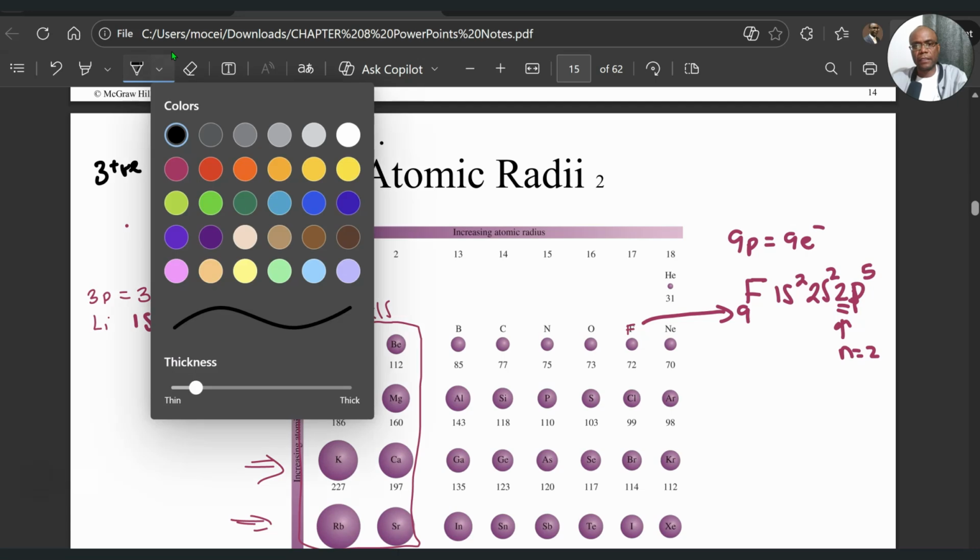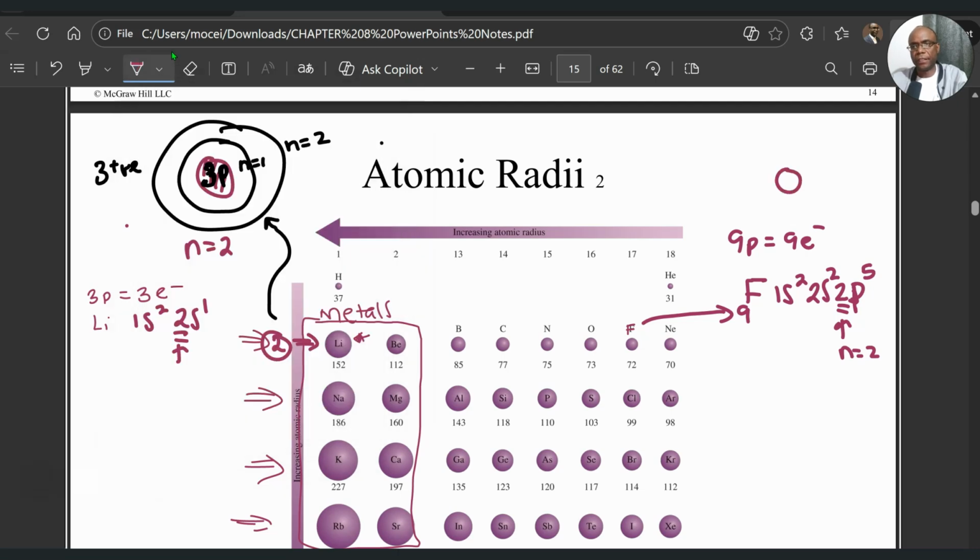And then look at the nucleus of fluorine. I know I've already explained this before, but it doesn't harm to repeat. Look at the nucleus of fluorine. Fluorine has 9 protons, meaning it has 9 positives. Which nucleus is stronger?